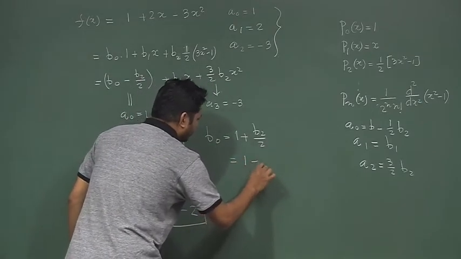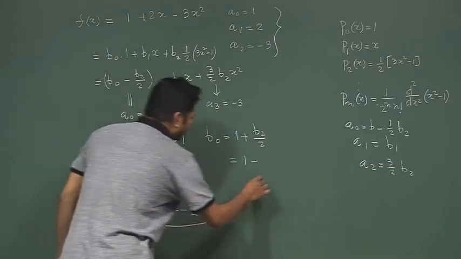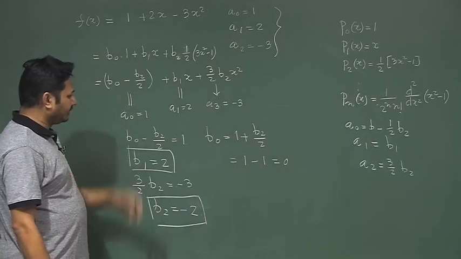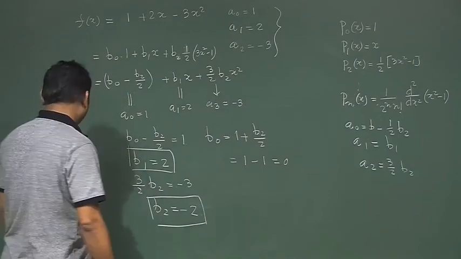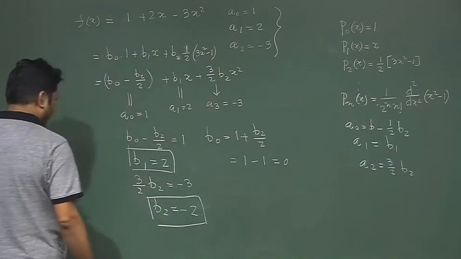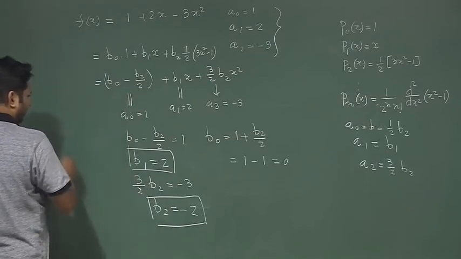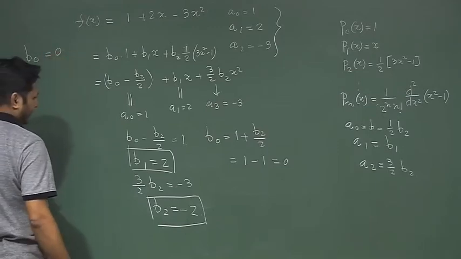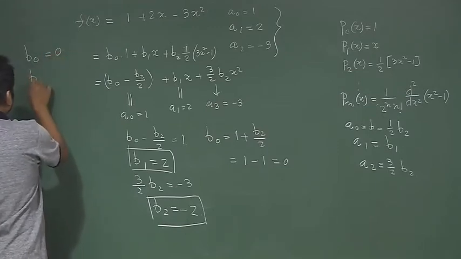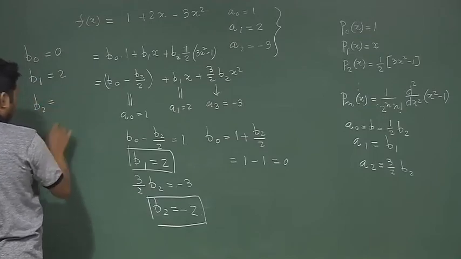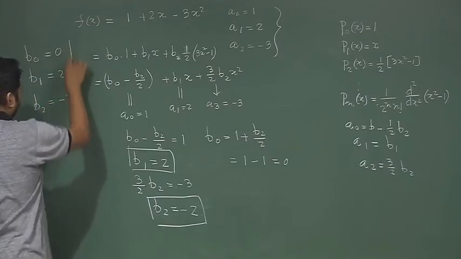So, b2 is minus 2. If I put minus 2, then 1 minus 1 is 0. So, b0 comes out to be 0. Let me write somewhere here what value I am getting, and then put that and check. So, my b0 is 0, b1 is 2, and b2 is minus 2.